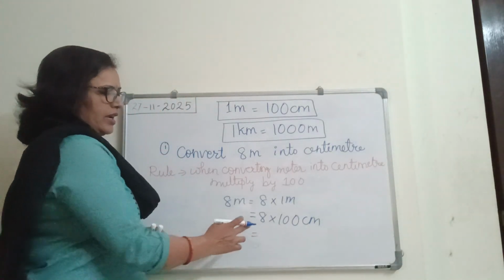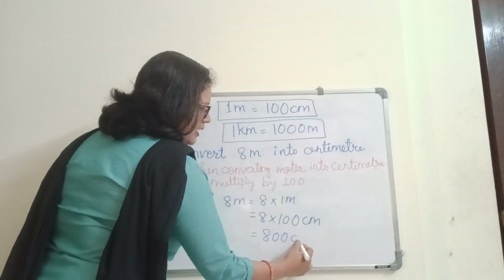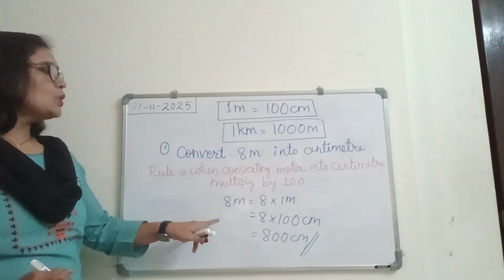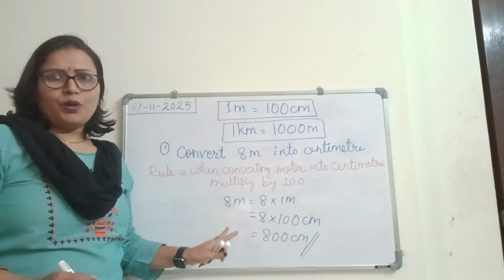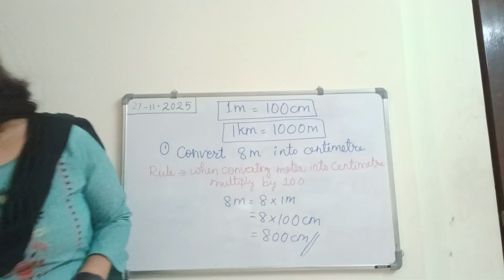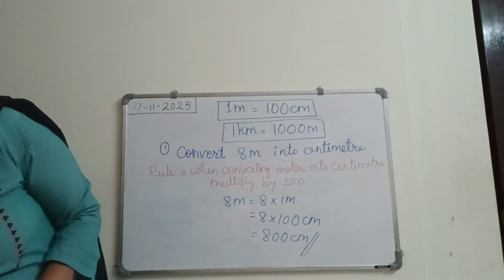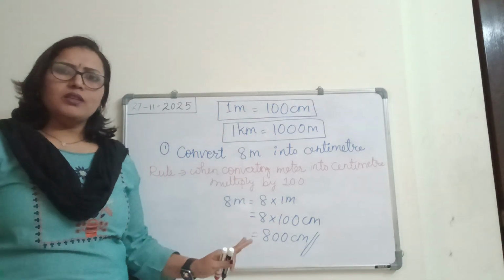Now multiply: 8 ones are 8, then the two zeros as they are, then centimeter. This is your answer. So you have converted meter into centimeter. Whenever we convert from meter into centimeter, we multiply by 100. This way we can solve the sums.